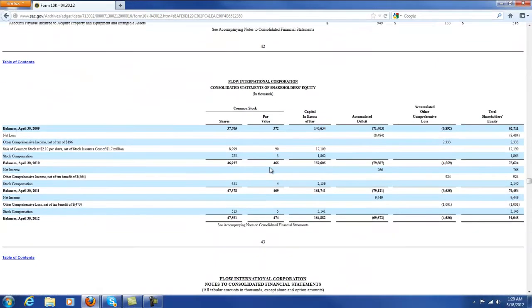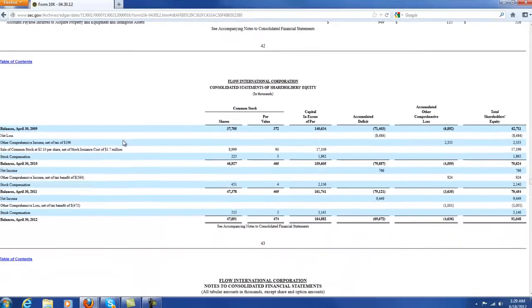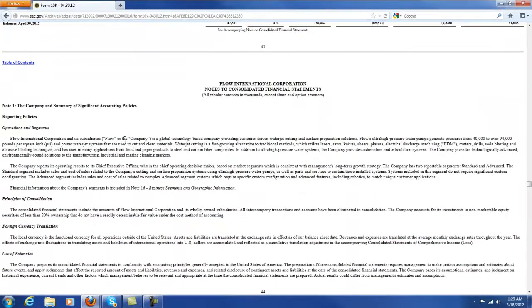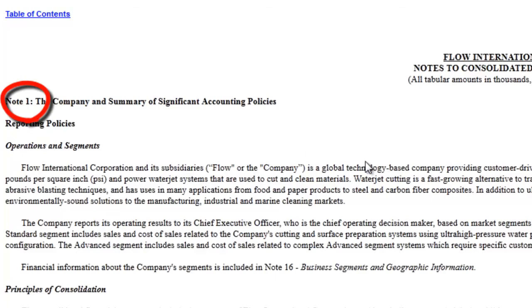Moving on, usually there is a fourth statement included, which is a statement of shareholders' equity. Right after the financial statements, you have a section that has footnotes. As you can see, note number 1.